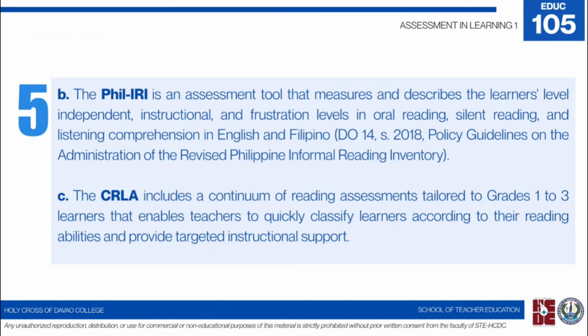So this is the sweet spot for instruction. The frustration level refers to material that is too difficult, so the student struggles significantly with both decoding and comprehension, which leads to disengagement and discouragement.